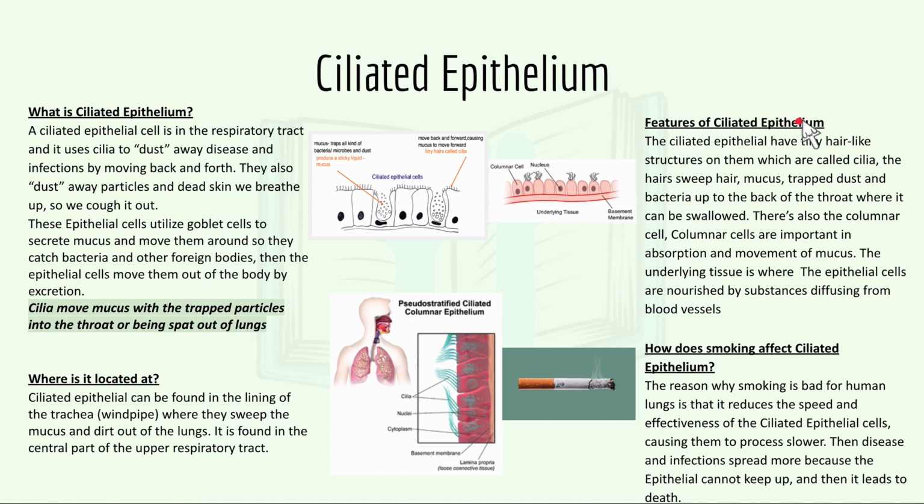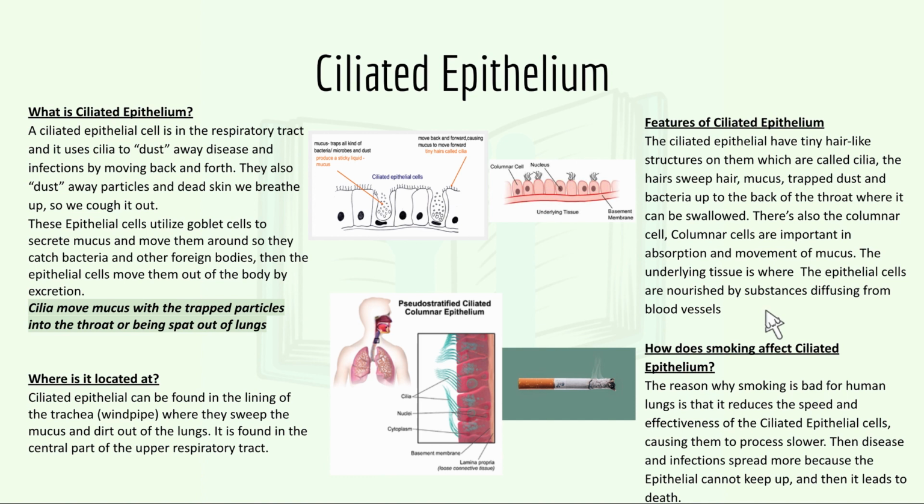And features of the ciliated epithelium: they have tiny hair-like structures on them, which are called cilia, and the hairs sweep mucus and trapped dust and bacteria up to the back of the throat, where it can be swallowed or expelled. And these cells are important in absorption and movement of mucus. And the underlying tissue is where the epithelial cells are nourished by substances diffusing from blood vessels.